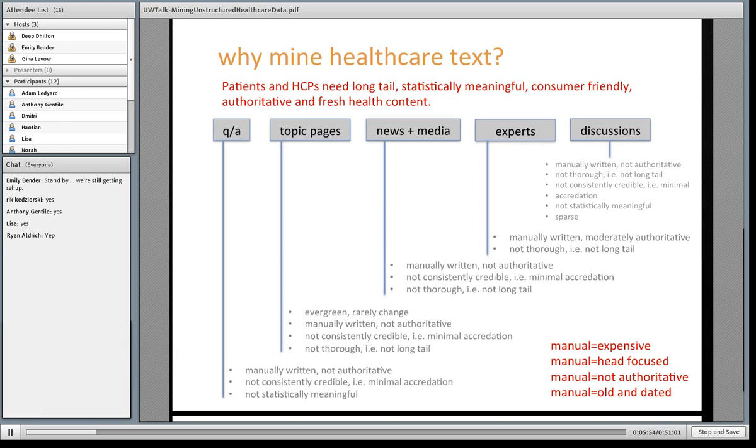Basically, if you look across all of these, this manual entry, editing of these topic pages, this manual construction of news articles, and these manual contributions by experts, it's very expensive. It costs folks money. And despite these being pretty large businesses, WebMD is about a $300 million a year business, that still forces them to be head focused in terms of a relatively small number of treatment and condition permutations.